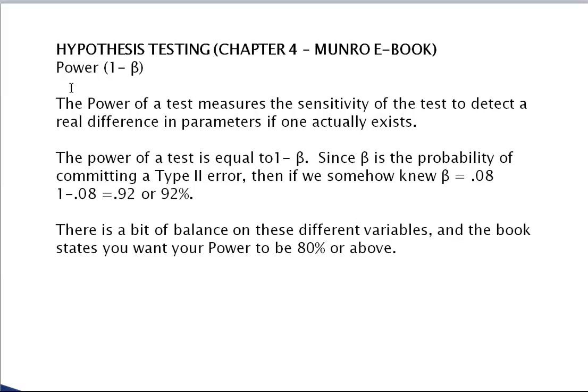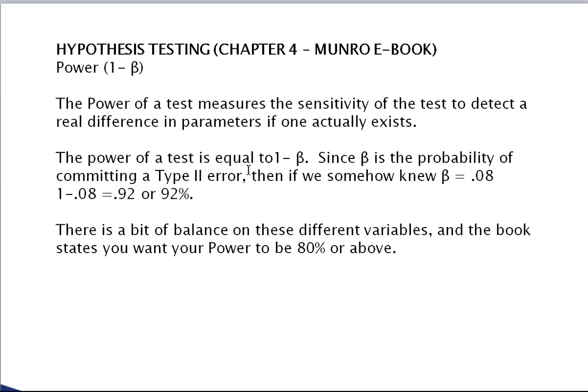Now, power, you just need to know some basics on this. This can get a bit complicated, and like I said earlier, we're not going to be calculating the value for beta, which is the probability of a type 2 error. So just know the facts on this. Power of a test measures the sensitivity to detect a real difference.